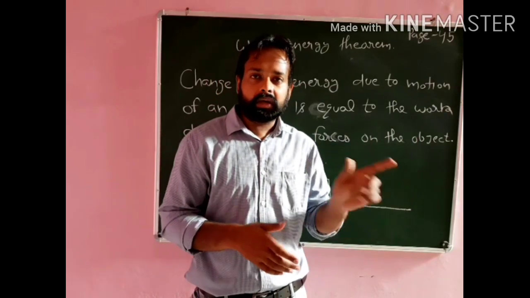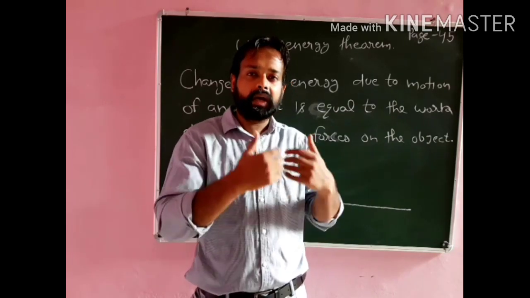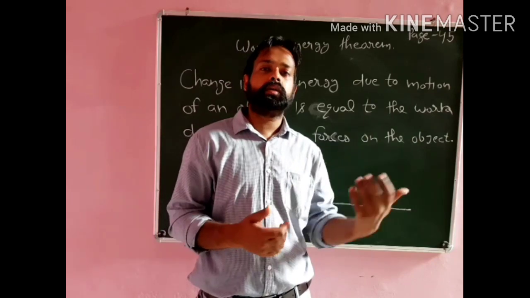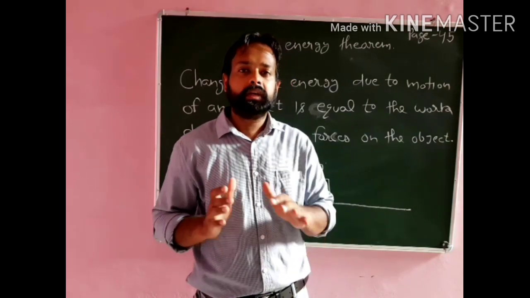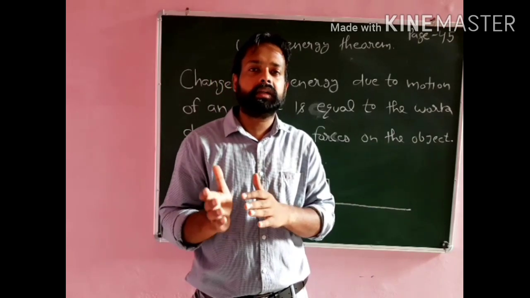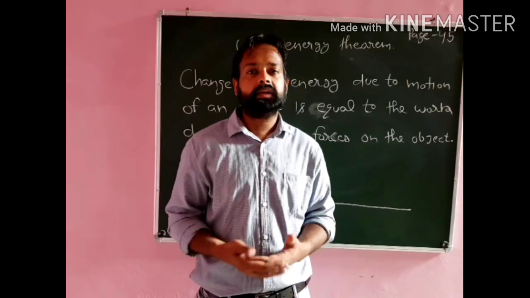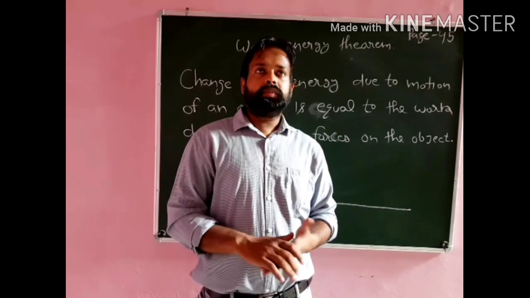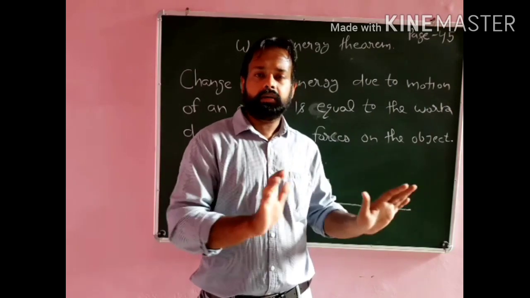It means the car gains kinetic energy that is exactly equal to the effort I am putting on the car. I am spending 10 joule of energy on the car, and with the help of this 10 joule of energy, the car starts moving in the forward direction, and then the car has kinetic energy. That kinetic energy is equal to 10 joule. Just suppose, this is an example. Clear? So basically, when the object is already in motion, I am pushing a car. Clear?